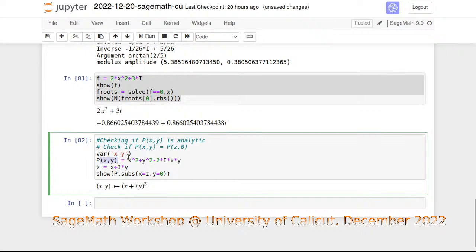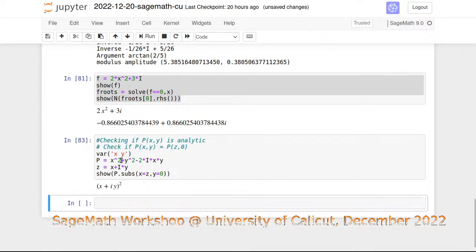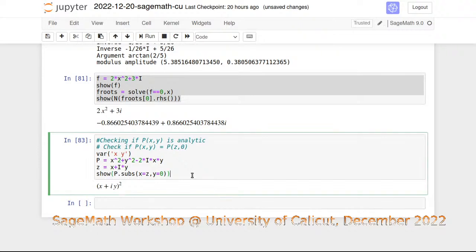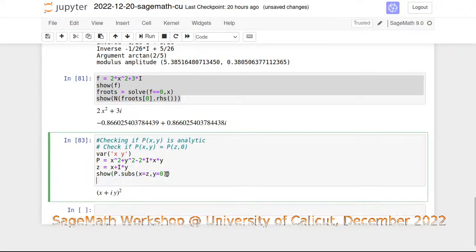Just this is also, I think, good enough. This is what p of z0 is. Now let us see if this p of z0 is the same as the other expression or not. Equal to p.